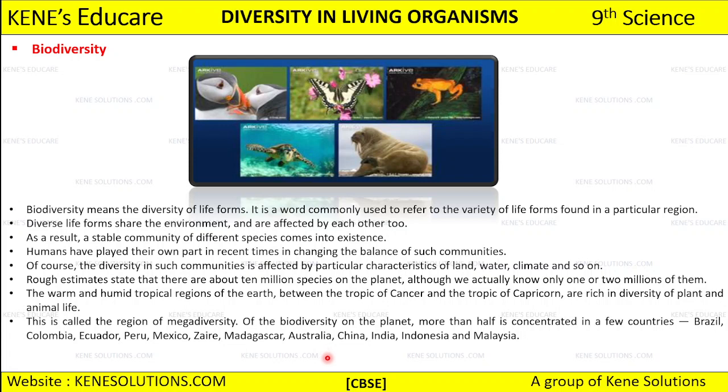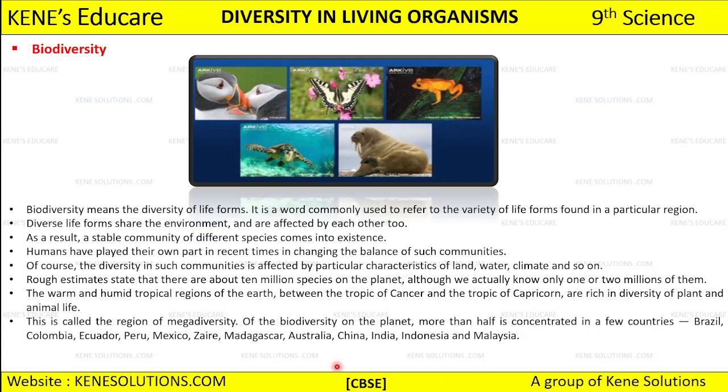Okay, so these are a few countries where more than half of the diversity existing on our planet is concentrated. Now, as I told you in the last class, you should be aware of at least 5 to 6 names which have been given here, and you should know the definition for region of mega diversity. Now, region of mega diversity is itself explaining the term to you.